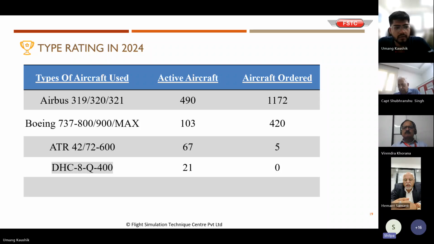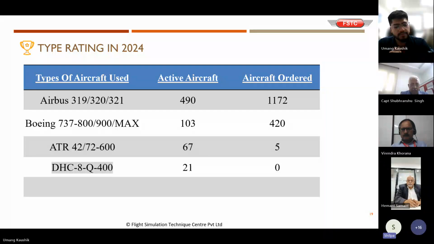Hello, am I audible? Yes, Shilpa. Hi. Welcome. Good evening, everyone. Thank you. Good evening. Just a bit of introduction about myself. I am Shilpa and I am on the verge of completing my CPL. I am currently on my multi-checks. And yes, I'm looking forward to choose a school for my type rating.